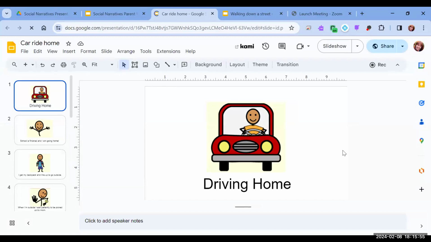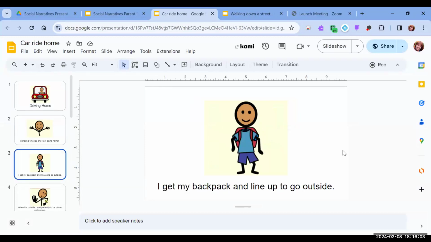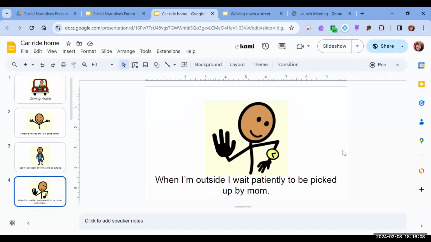I have a student who does not like going into the car at the end of the school day. School's finished, I'm going home, right? I get my backpack and I line up outside, right? So now I'm going to patiently wait to be picked up by mom, right? So we've got these images for the student to look at.